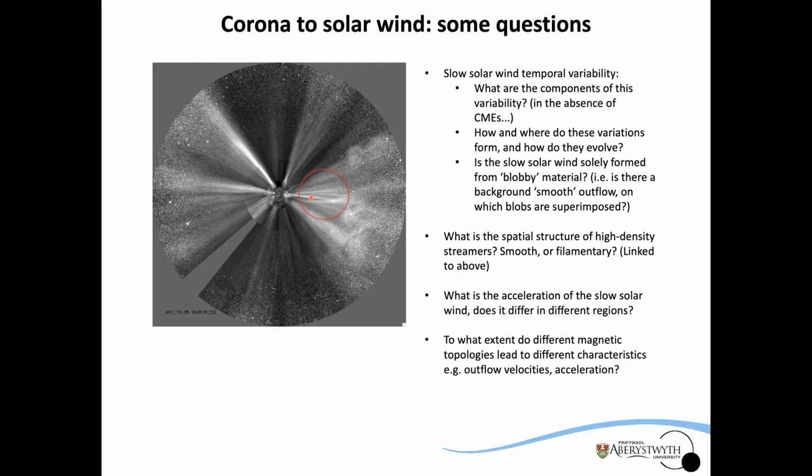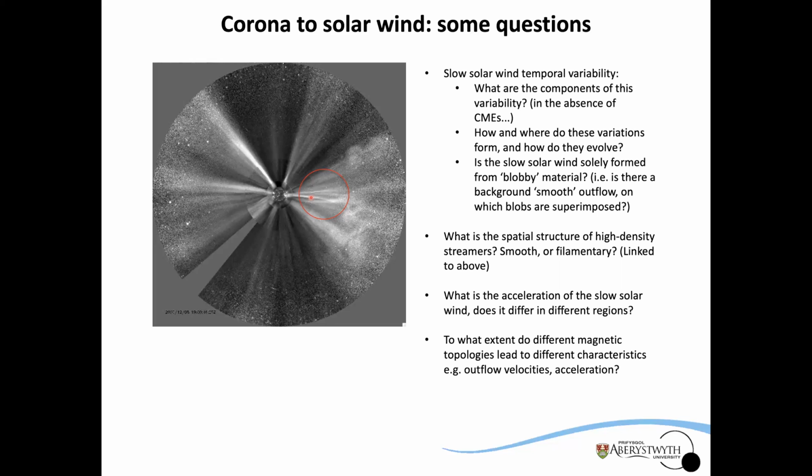A more basic question, what is the acceleration of the slow solar wind? And indeed, measurements of the outflow of the slow solar wind nearer to the sun in the inner corona are really highly uncertain. The error bars on the measurements are very large, and I'll come back to that later. And then, of course, the acceleration has even larger error bars.